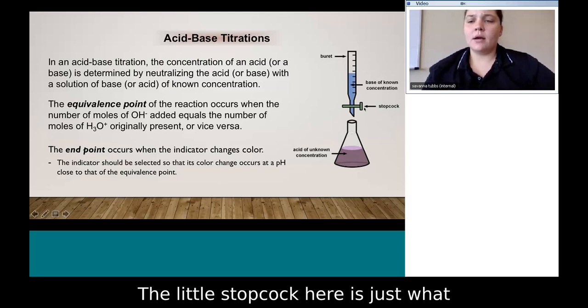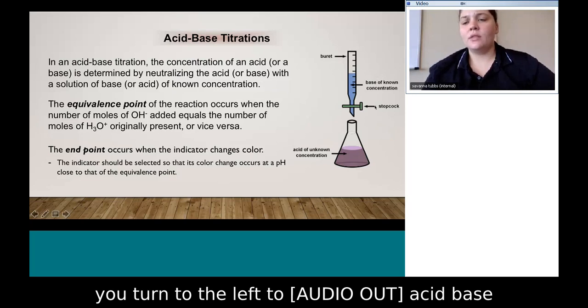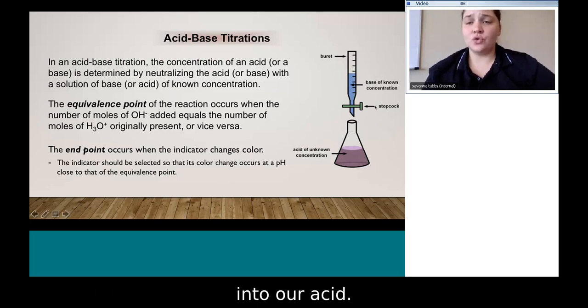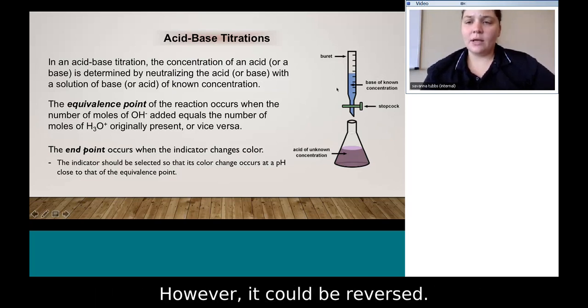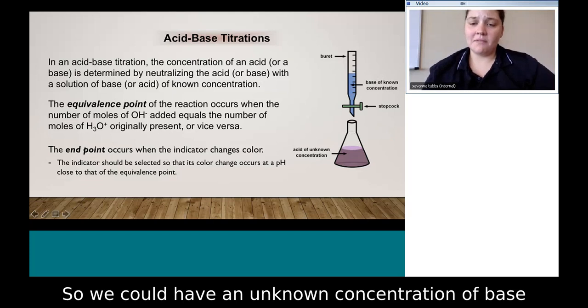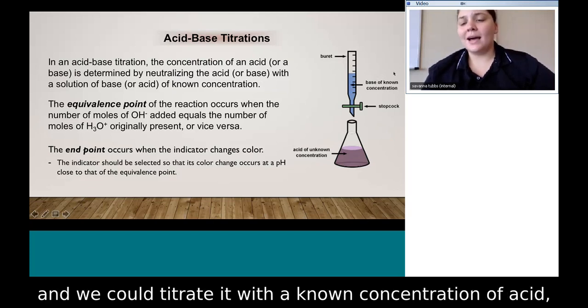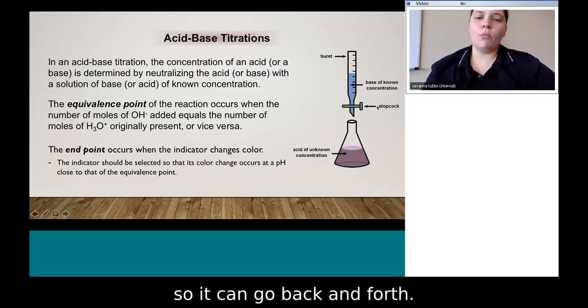The stopcock here is just what you turn that allows the base to flow into our acid. However, it could be reversed. So we could have an unknown concentration of base, and we could titrate it with a known concentration of acid. So it can go back and forth.